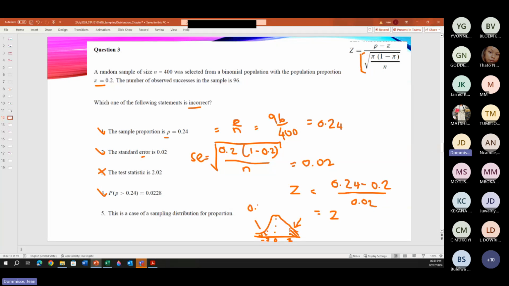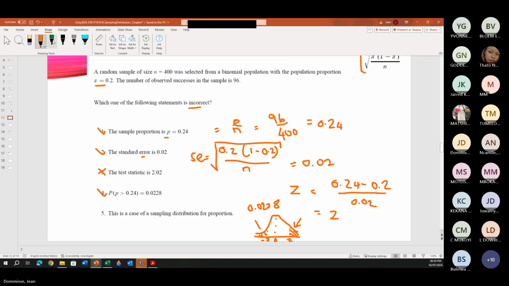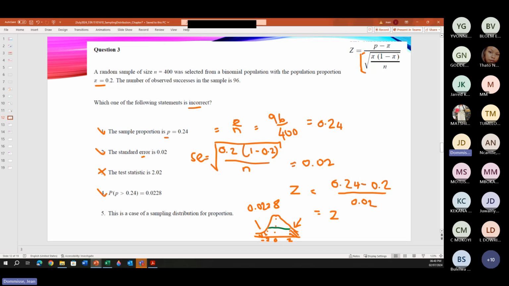Or we could have gone the route to say we are using the positive table, but then it is 1 minus this green area, which is the positive table.